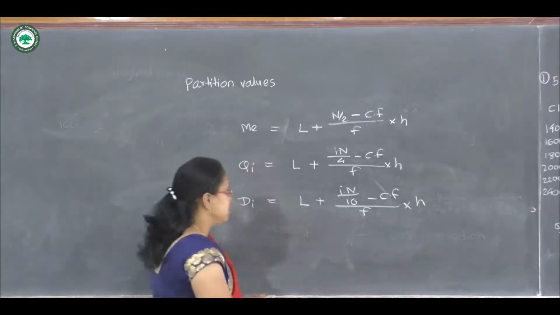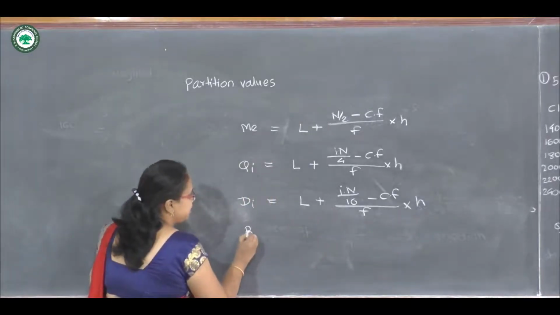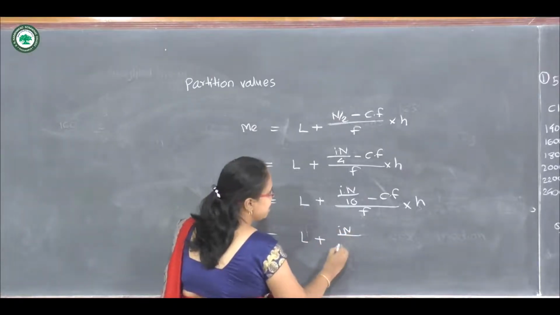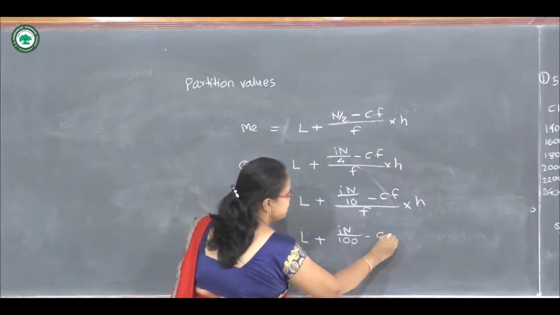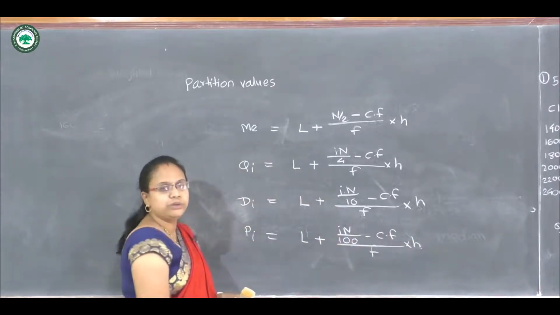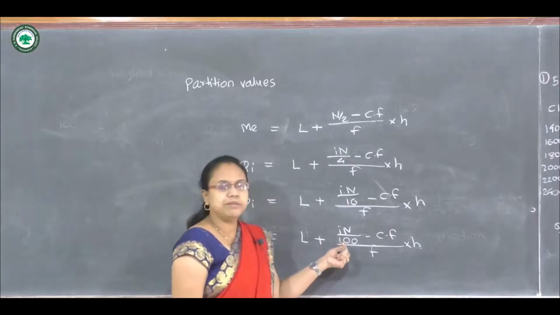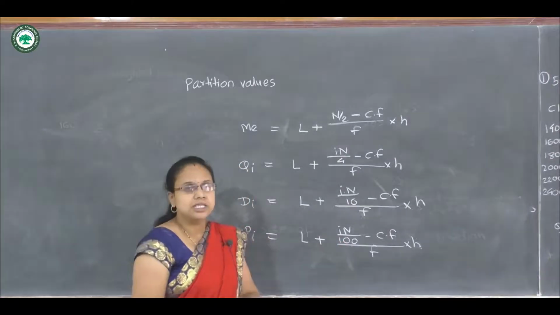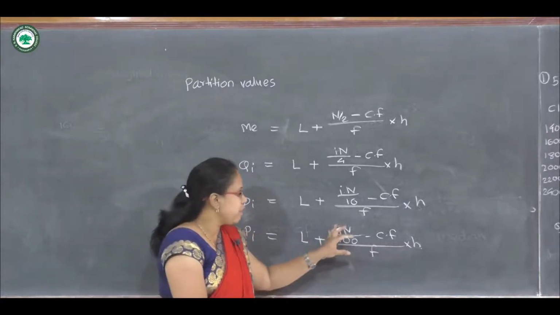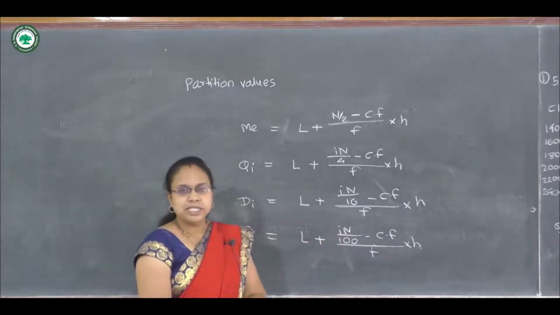Similarly, we can obtain percentiles by using the formula i into n upon 100 minus Cf upon F into H. So for i into n upon 100, first we have to find the size of the i into n upon 100th class. So this will be obtained from the less than cumulative frequency.